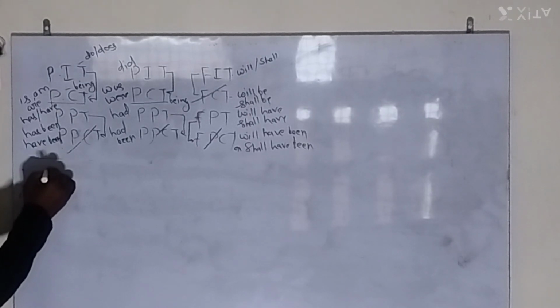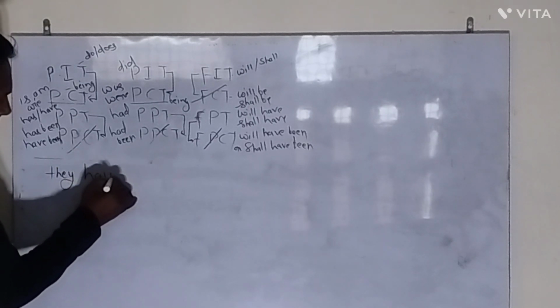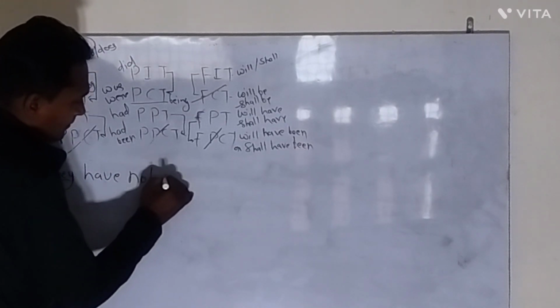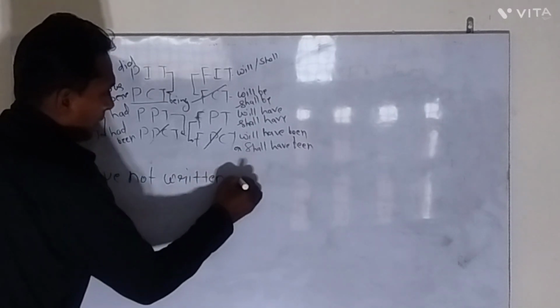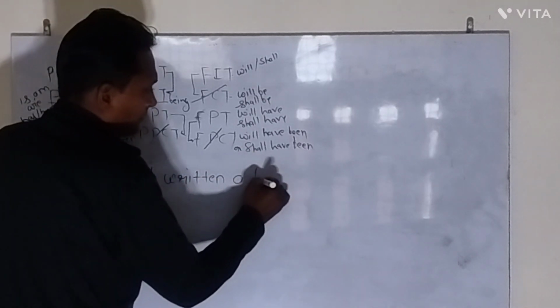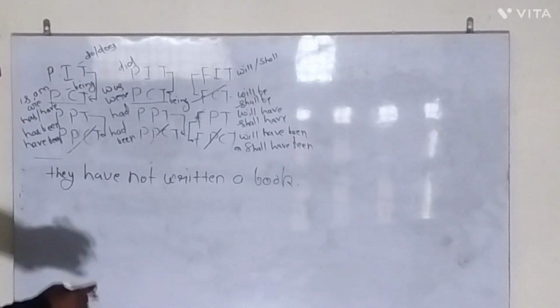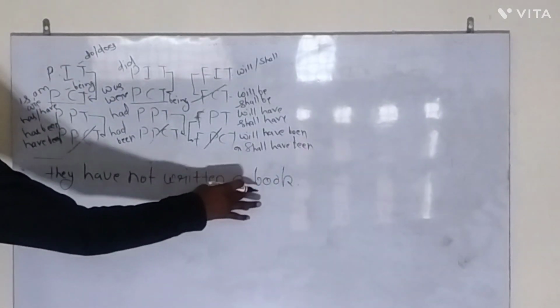For example, they have not written a book, right? They have not written a book. Negative, we have taken one example. Simple.